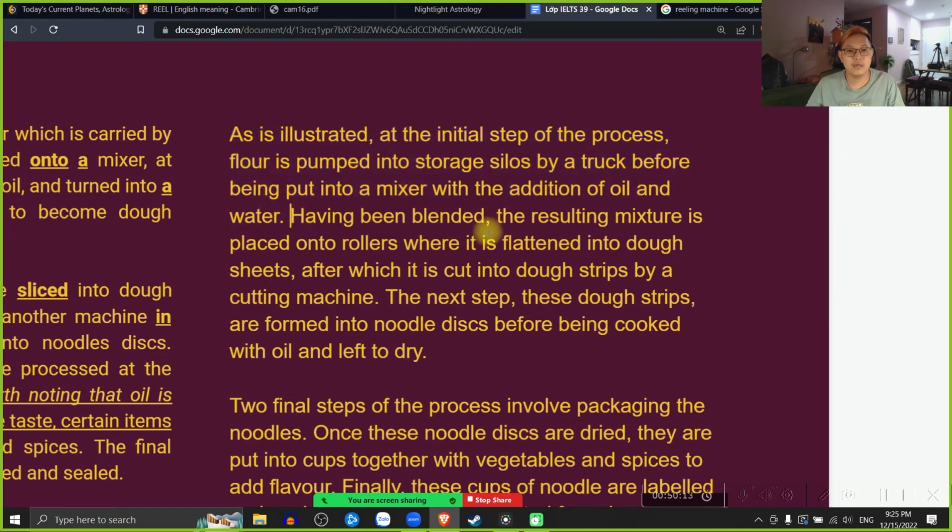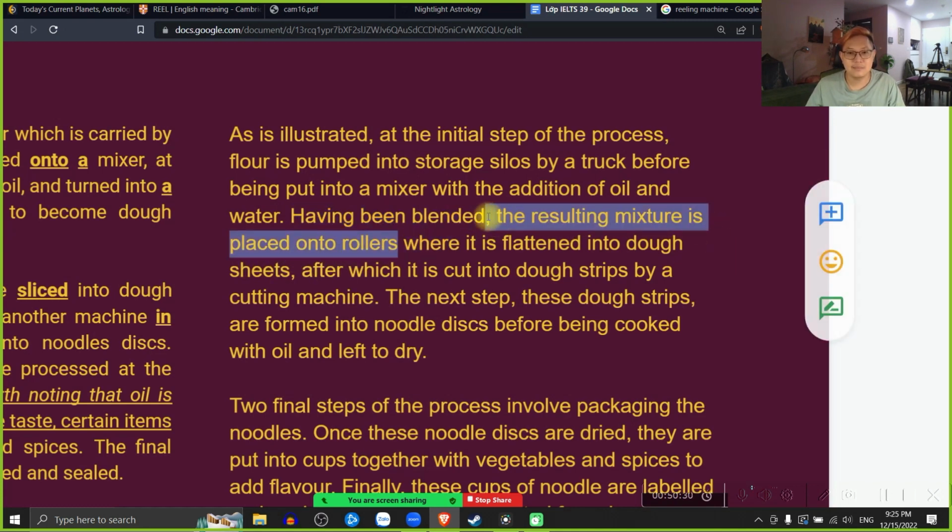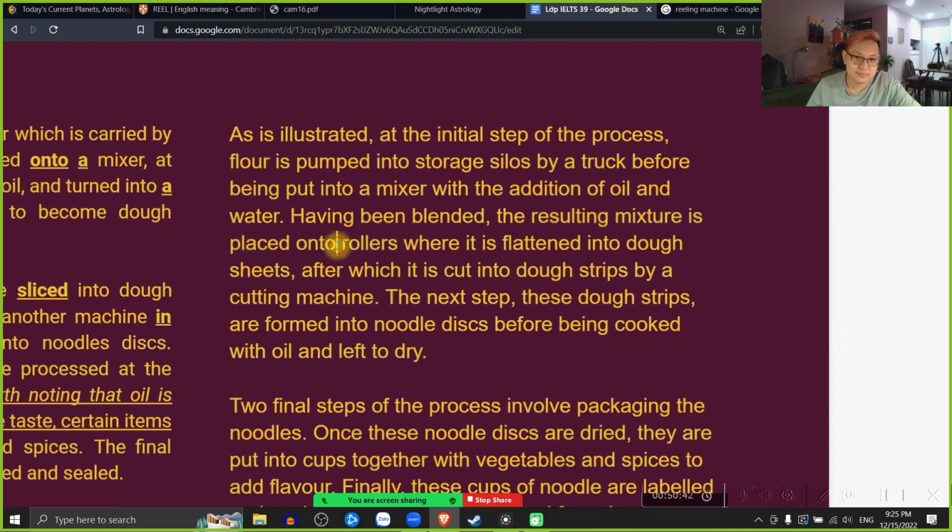And then, having been blended, the resulting mixture is placed onto rollers. Onto, not into. Placed onto the rollers, not going into the rollers. It's onto rollers, very good.